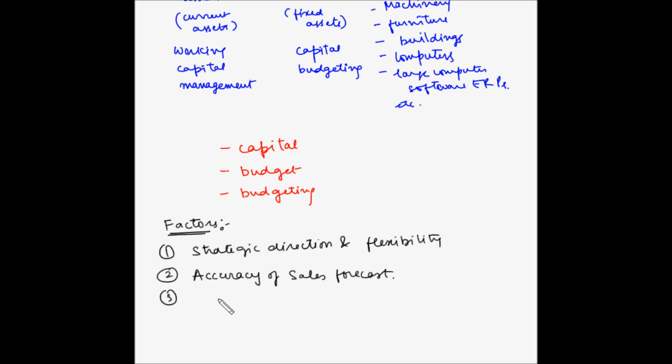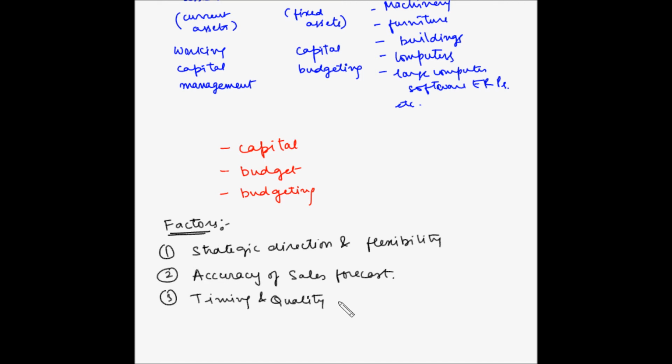The third factor that we look at is timing and quality. Since the capital expenditure decisions involve big amount of funds, the decision has to be made with a lot of thought. If you make a huge investment, your company will incur high depreciation and other expenses.